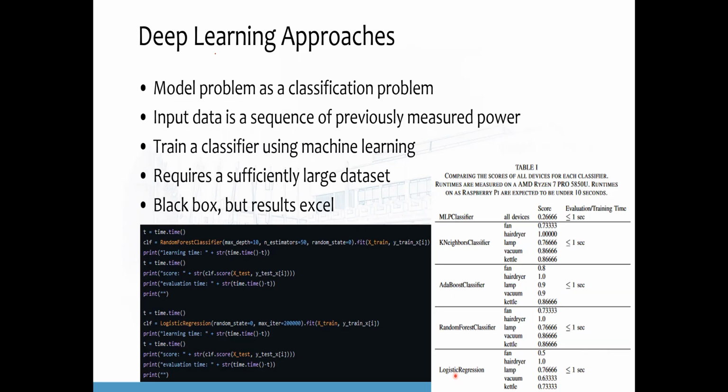And it's basically a classification problem which we would train using a machine learning approach. As long as we have a sufficiently large data set, we can do this. The results are quite nice. So of course, if you do machine learning, you always have to be sure that you test on a different part of the data set than you have trained with.